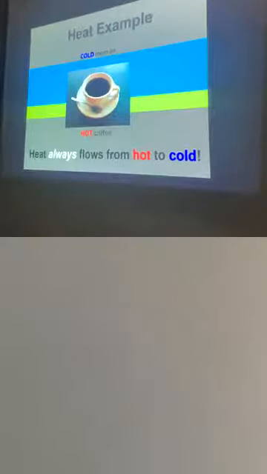A down arrow. Down arrow from where? Like top to bottom. How so? I don't know. So remember, heat flows from hot to cold, right? We know that this is hot coffee, okay?